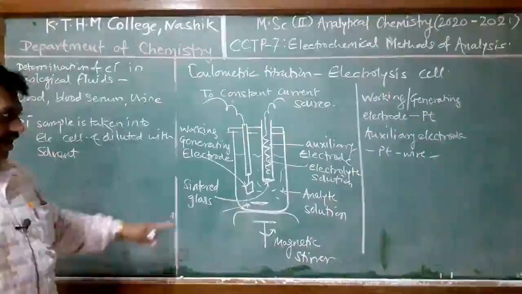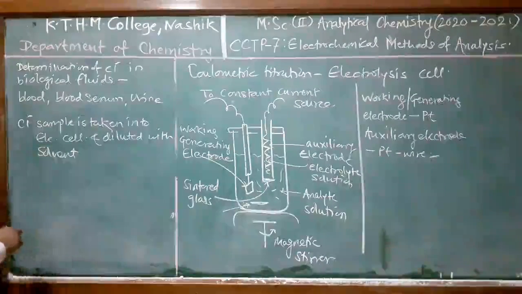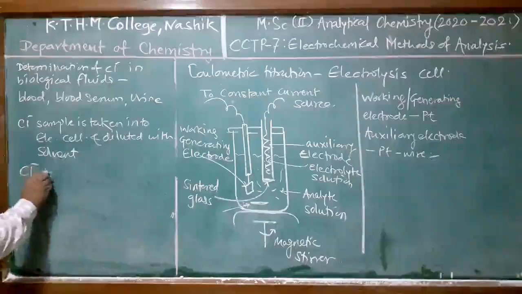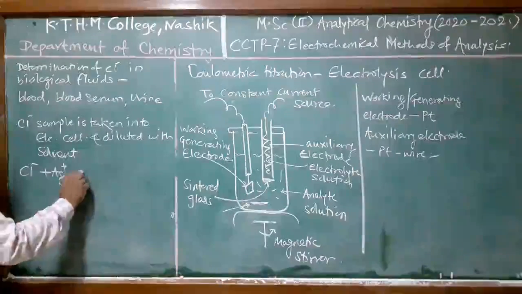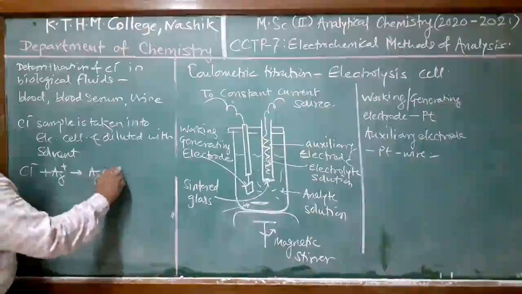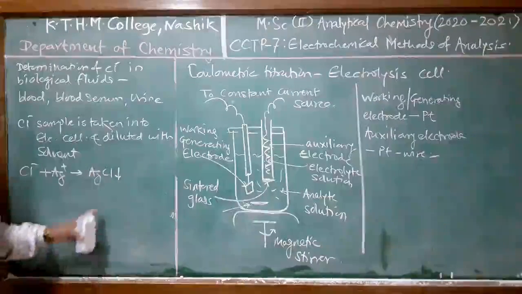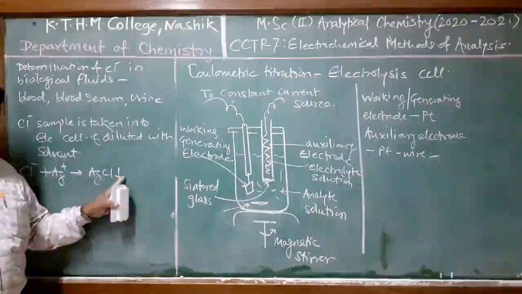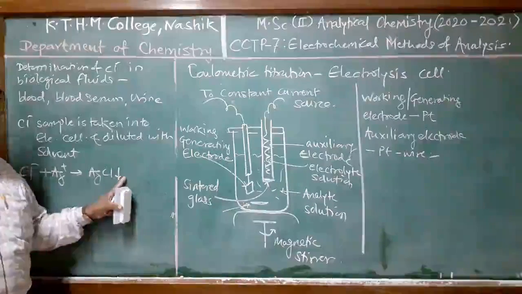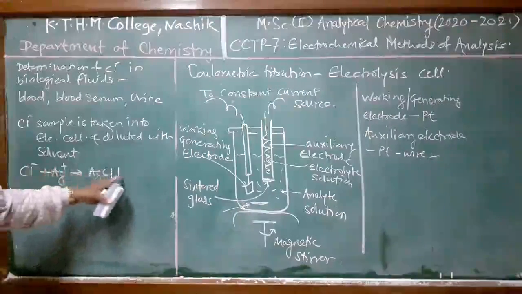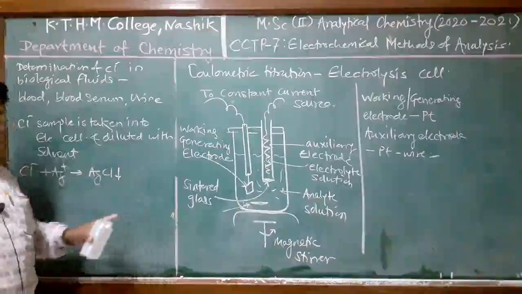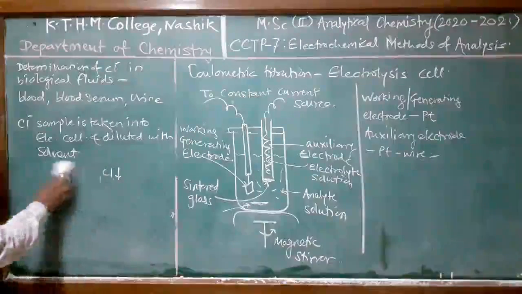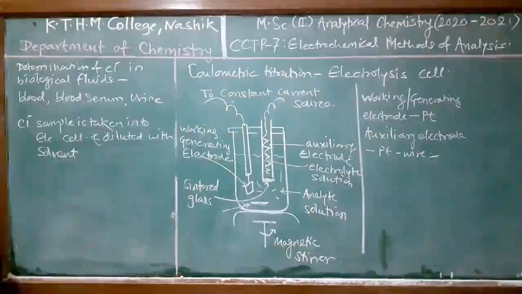Therefore, initially the sample solution is added into the solvent, then the auxiliary electrode and working electrode are placed into this analyte solution. Now in this case, chloride easily reacts with silver ion and gives the precipitate of silver chloride. This is a well-known argentometric reaction utilized for determination of chloride at trace level. Similarly, in coulometric titration, we can use electrolytically generated silver ion.